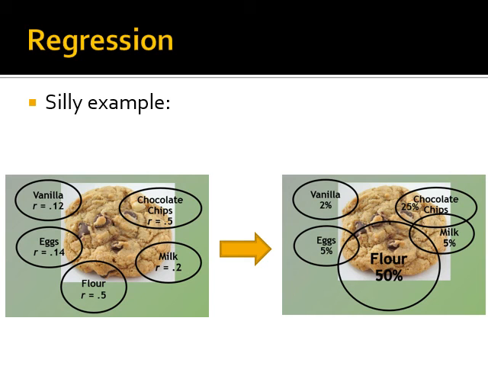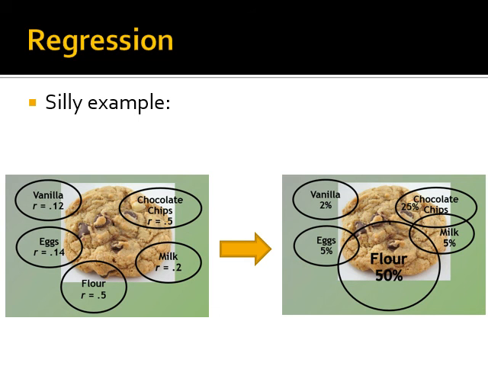Here's another silly example of how regression works with chocolate chip cookies. You have all these variables in a chocolate chip cookie: vanilla, eggs, flour, milk, chocolate chips, and you could look at, for example, how those elements combine with the flour to make the cookie. So, for example, maybe chocolate chips is less important in terms of combining with the flour, maybe the same with vanilla, but milk and eggs is very important.